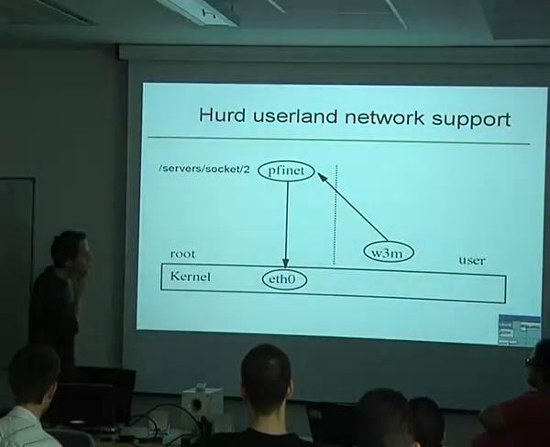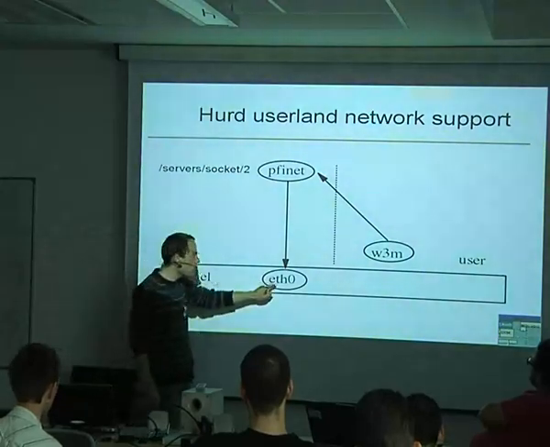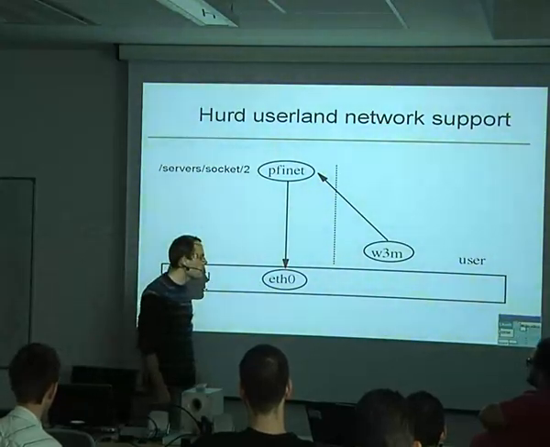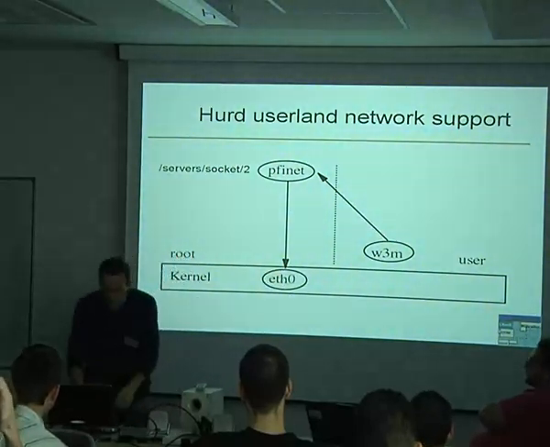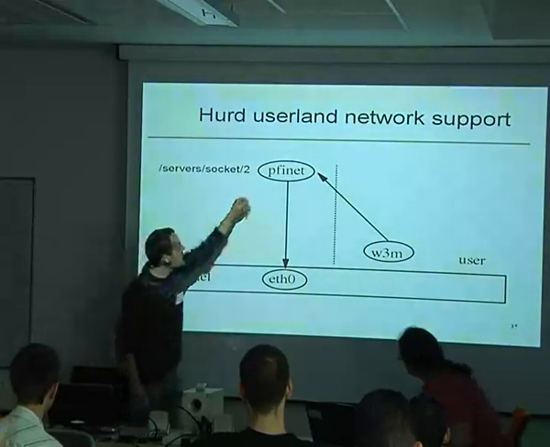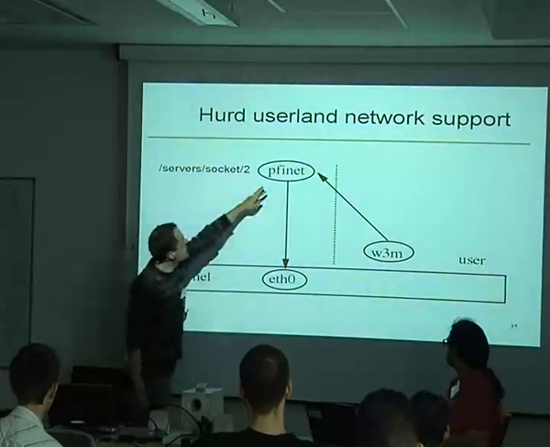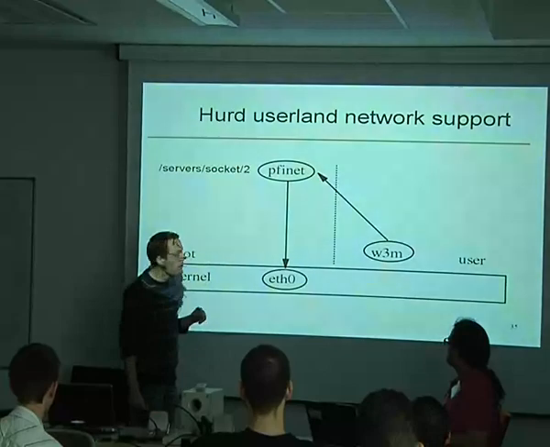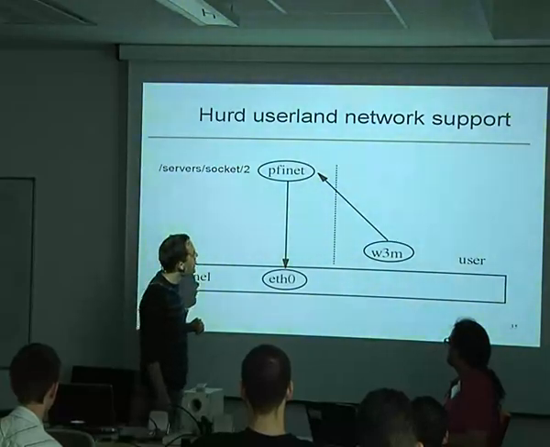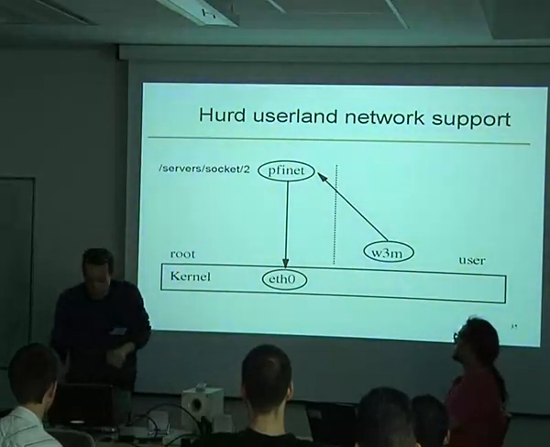So now about the network. This was the status like 4 years ago. We used to have the network drivers in the kernel, exposing device eth0, and then we have the TCP/IP stack, which is opening that and exposing itself in the file system as /server/socket/2. 2 is just the number of AF_INET, and then a browser opens this to access the network.